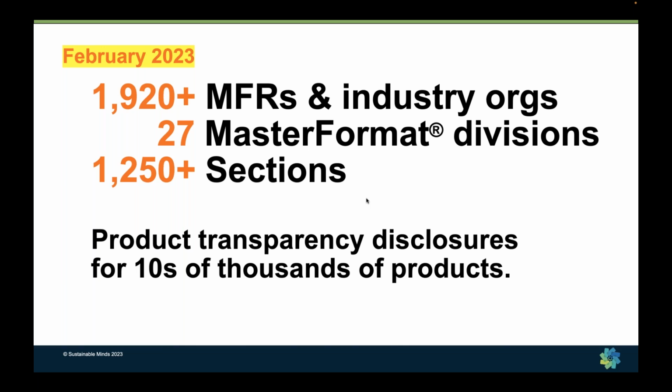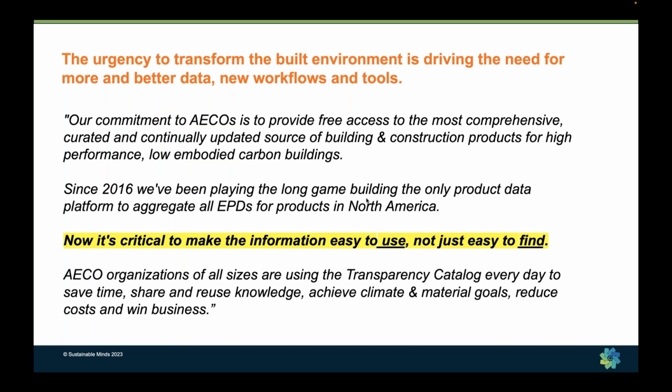So between 2016 and now, it's practically 1,700 manufacturers who have invested in transparency across most of the prominently used MasterFormat divisions and sections, representing tens of thousands of products now available for selection into high performance, low embodied carbon buildings.